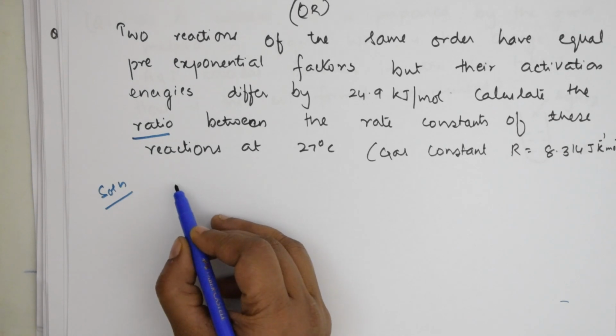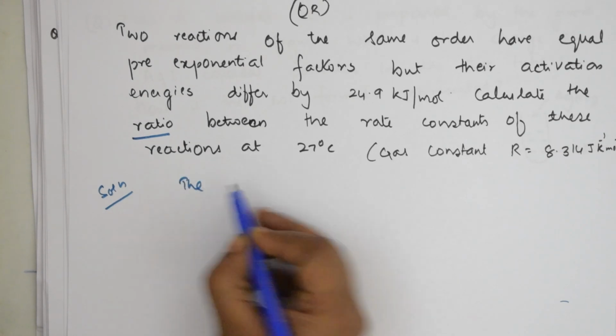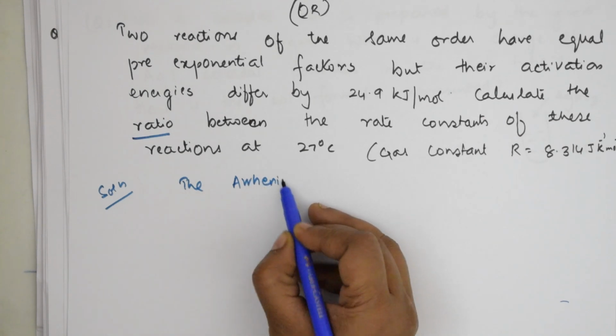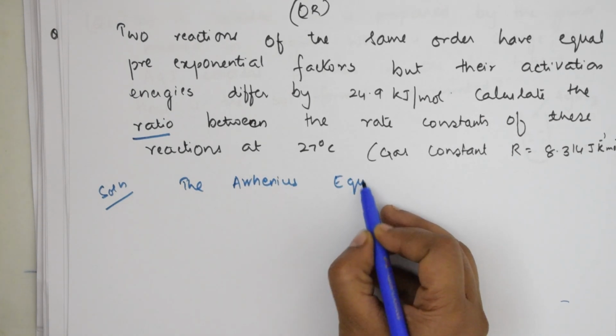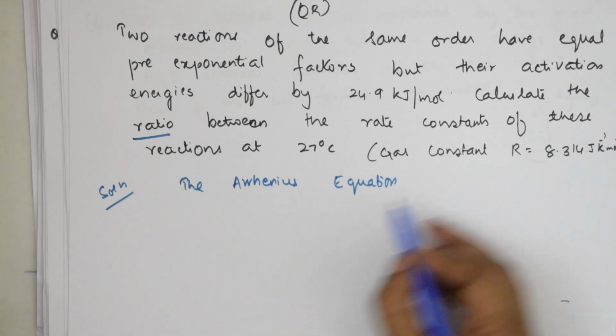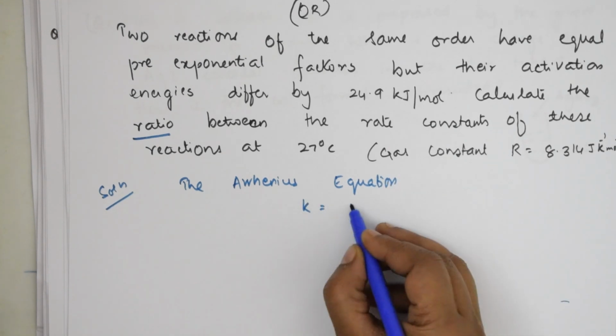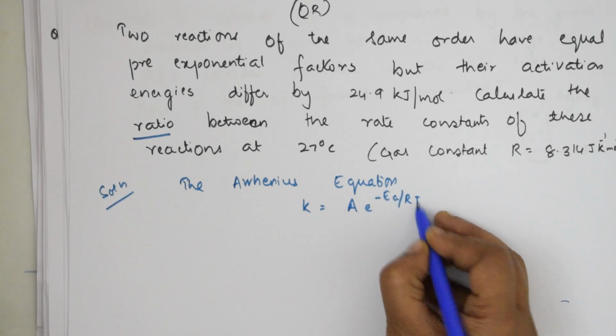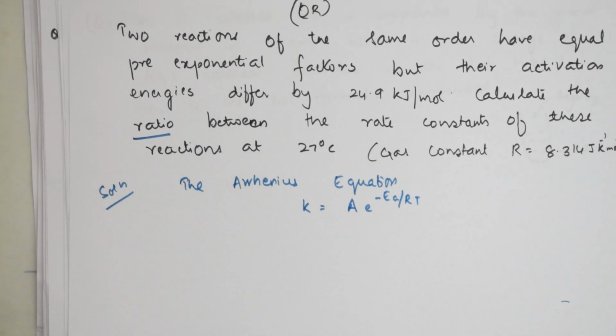First of all, what is the formula? The Arrhenius equation. What is the Arrhenius equation? K is equal to A e raised to the power of minus Ea by RT. Now I have to calculate K1 value and I have to calculate K2 value. Correct?